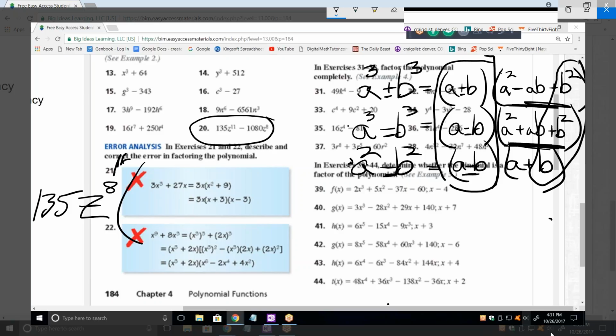Okay. So what do we have left in here? z to the third minus 8. Just that. A factor. What is that called?